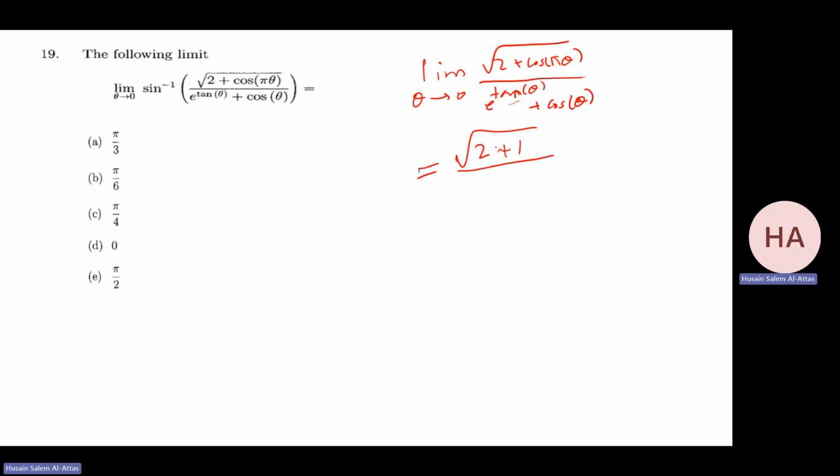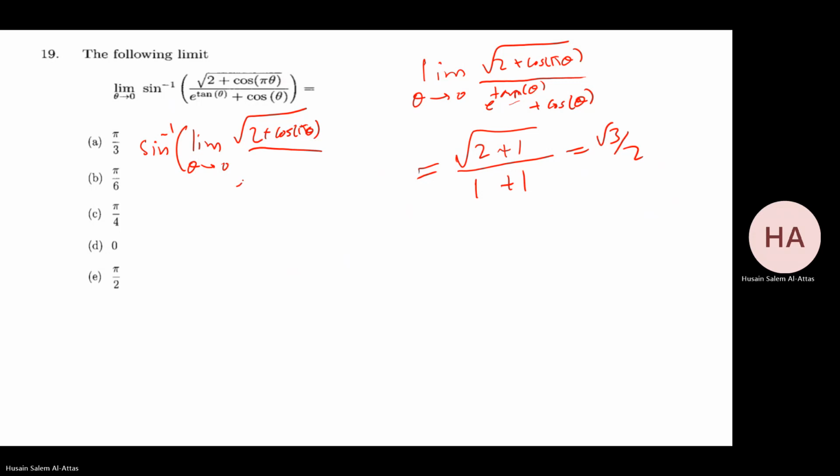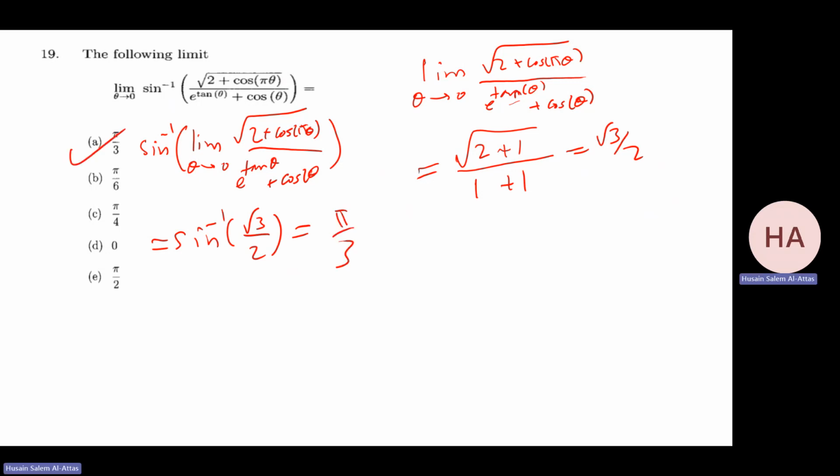Tan 0 is 0, e to the power 0 is 1, cosine 0 is 1. So that will be square root 3 over 2. So this limit will be sine inverse of this limit, which I just did, and that will be sine inverse square root 3 over 2, which is pi over 3. So this is the answer.